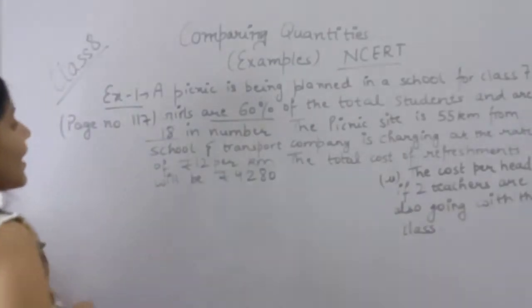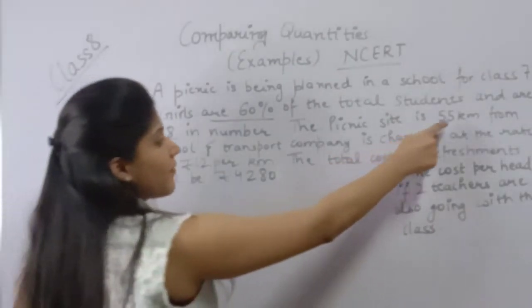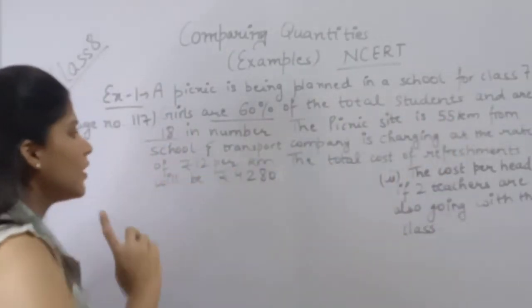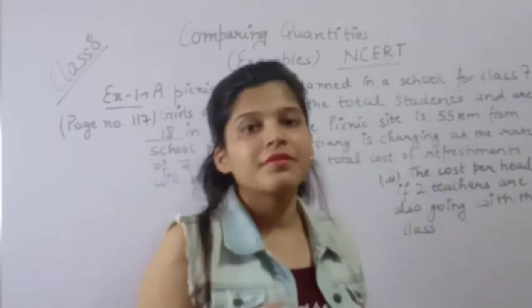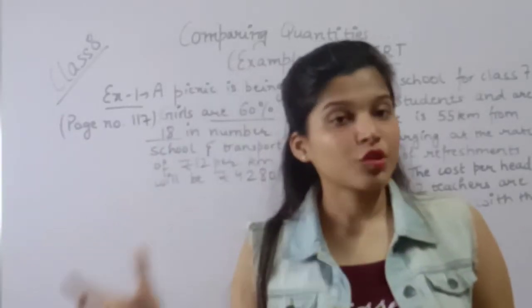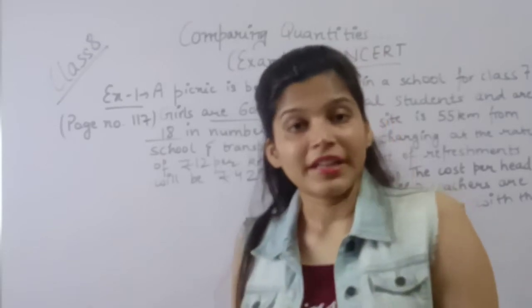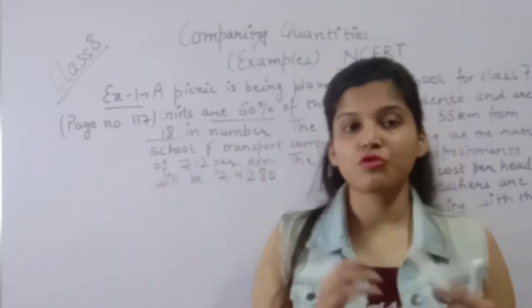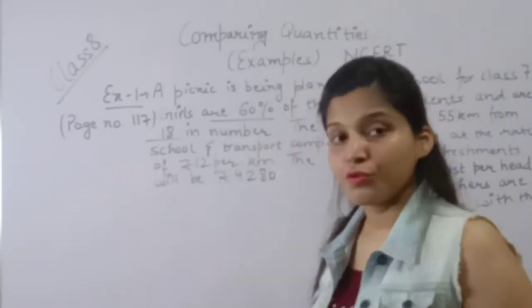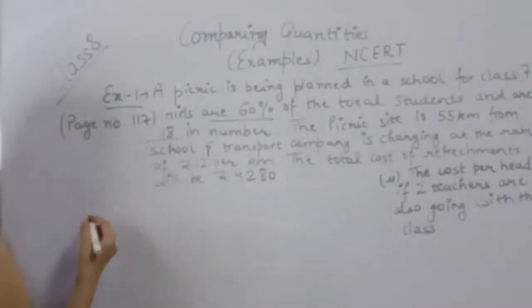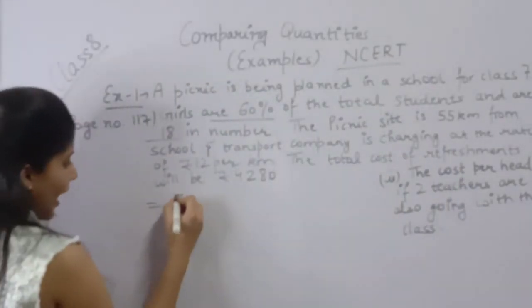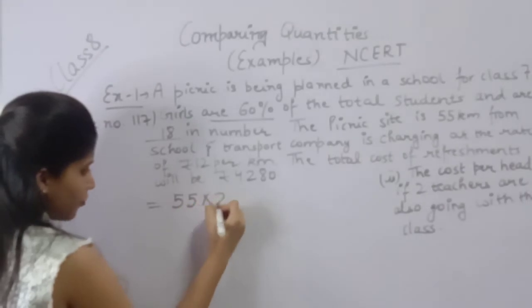But now we have the picnic site is 55 kilometer away from the school. It means 55 जाने का and 55 वापस आने का. So total 55 into 2. So total kilometer we have 55 into 2.